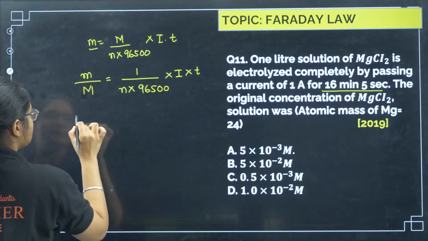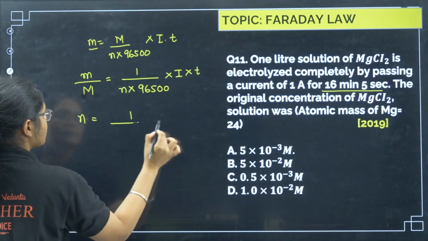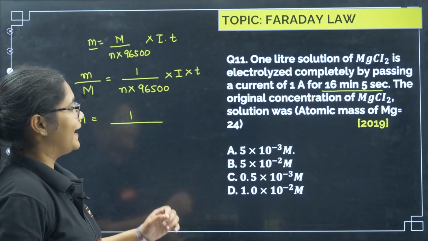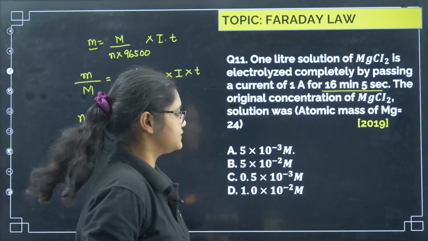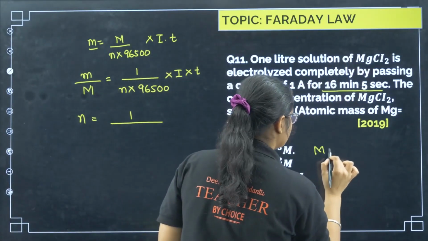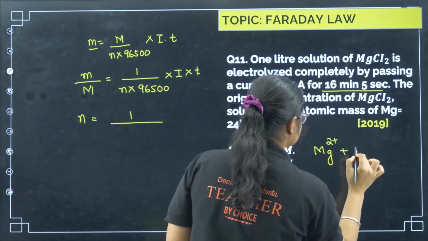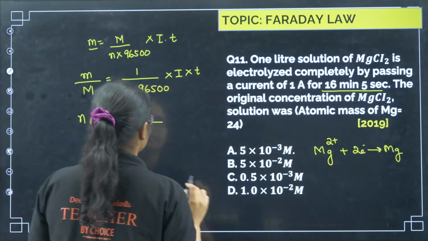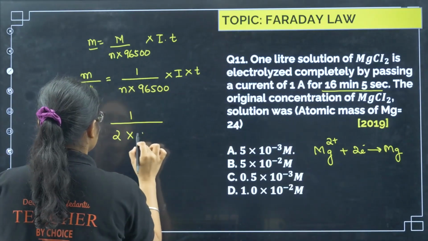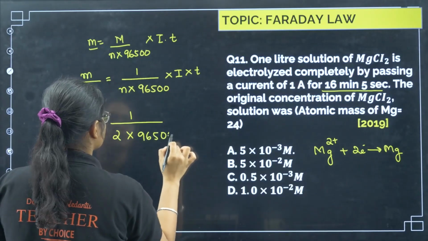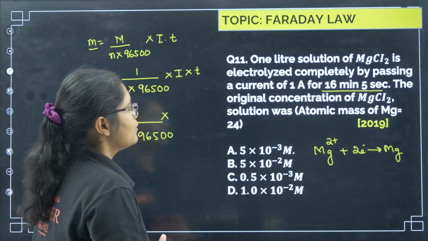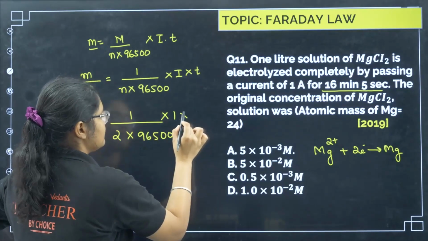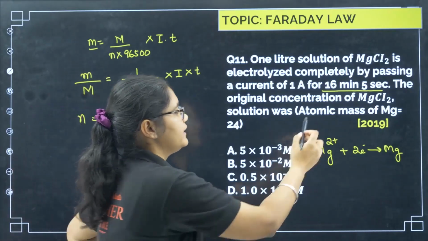Okay. So what is this one? Number of moles. 1 by, what is the value of n here? n is the number of electrons that is used. So Mg, how will it deposit? Mg2+ plus 2 electrons gives me Mg. Right. So we have here 2 into 96500 into, what is I? I is 1 ampere. Time you can see 16 minutes and 5 seconds.